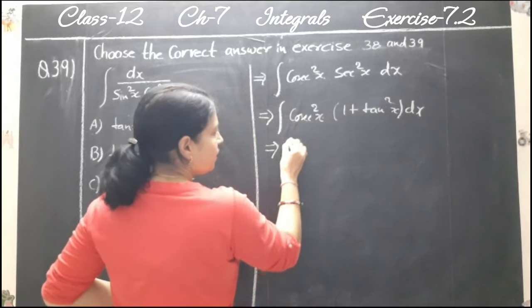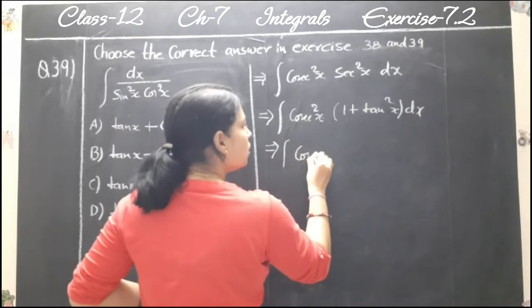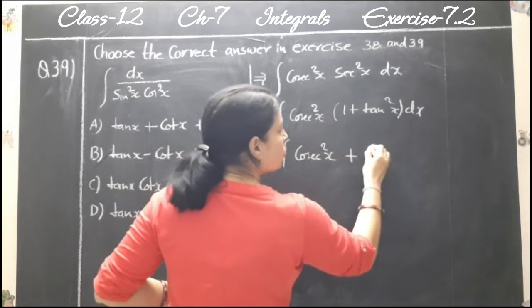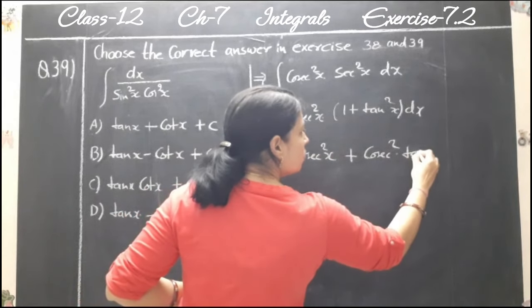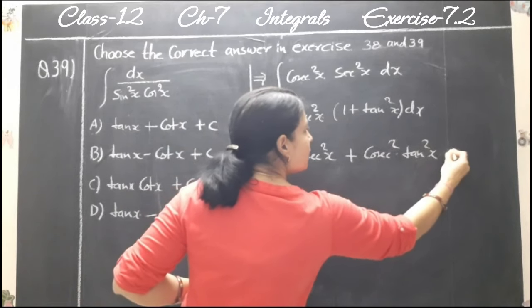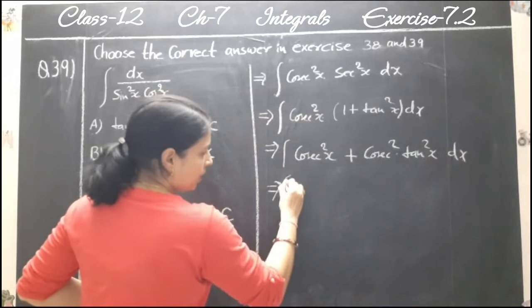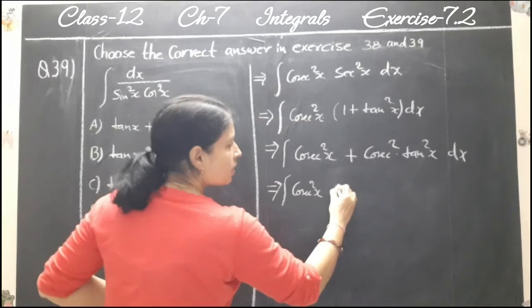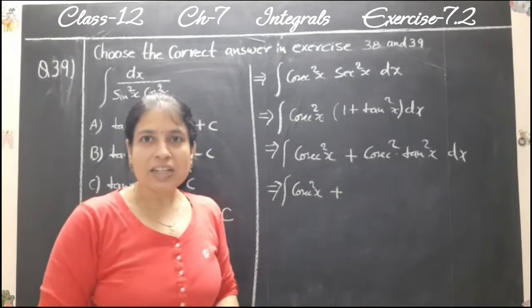Now multiply, so it will be cosec square x into 1, so cosec square x, plus cosec square x into tan square x. Write this dx. Then write cosec square x, and cosec square x is equal to 1 by sin square x.